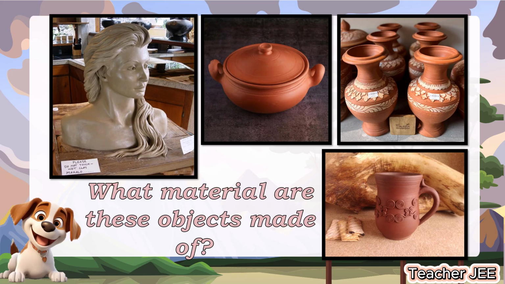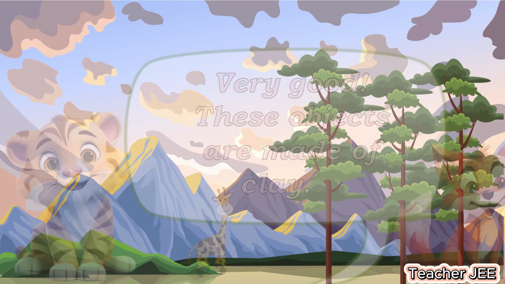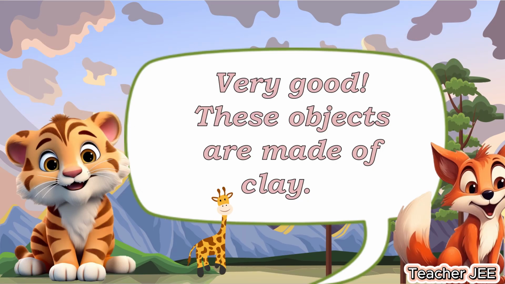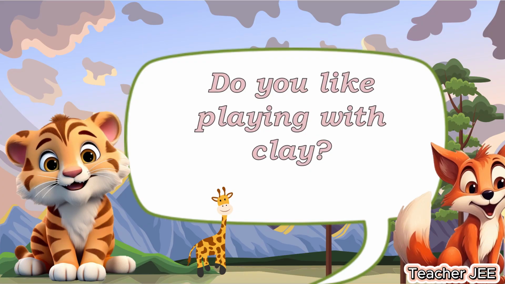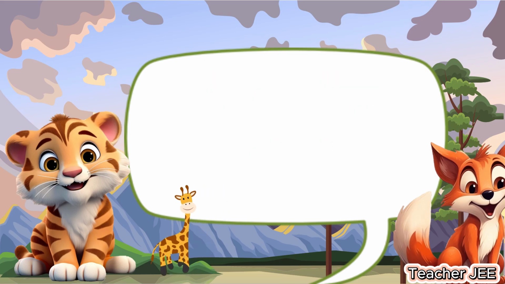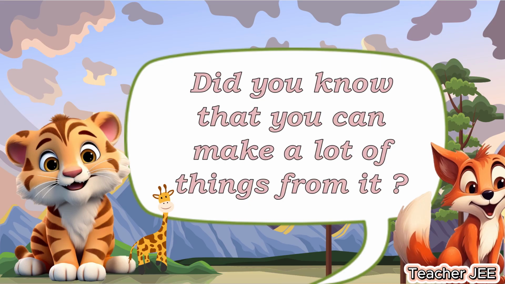Try to look at the picture one by one. If you have any answer, you can share it to your classmates or to your teacher. Very good. These objects are made of clay. Do you like playing with clay? I know you like playing with clay. Do you know that you can make a lot of things from it?